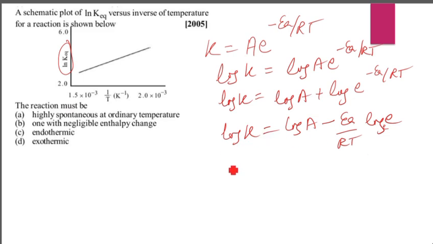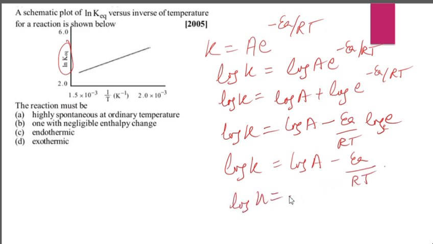Log e to the base e has the value 1. So it will be log A minus EA by RT, which means log k equal to minus EA by RT plus log A. Now see, the slope of this is a straight line. This is the slope theta, and the slope is positive.